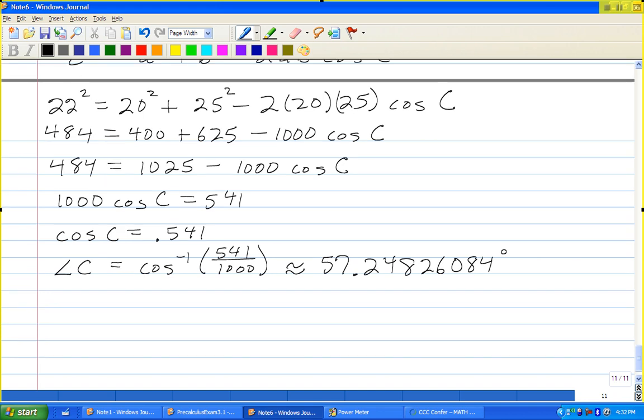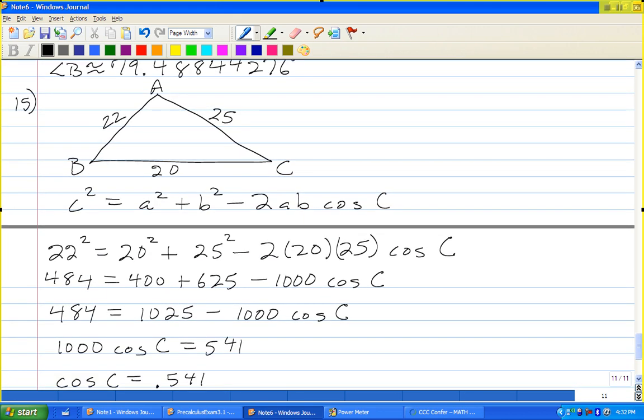So I guess I'll use law of sines for the other ones.